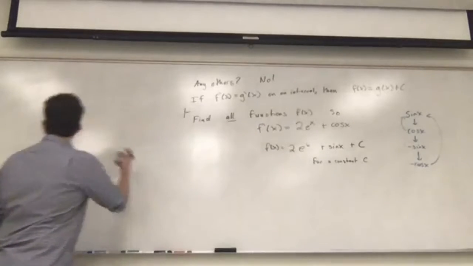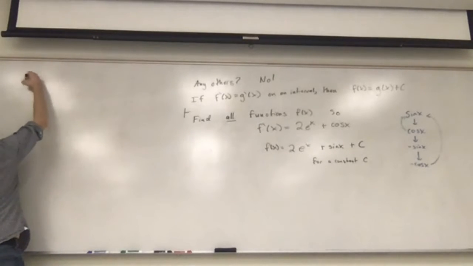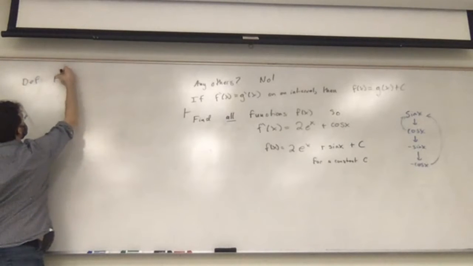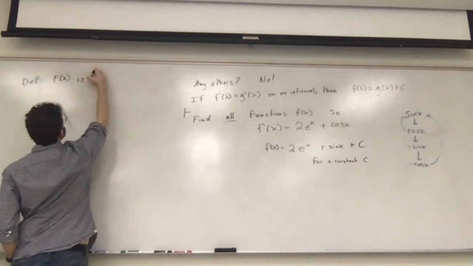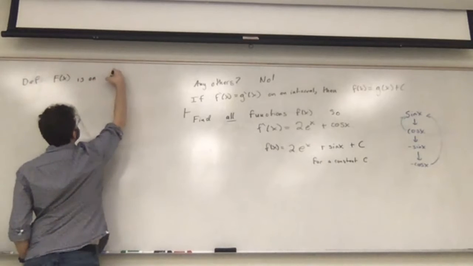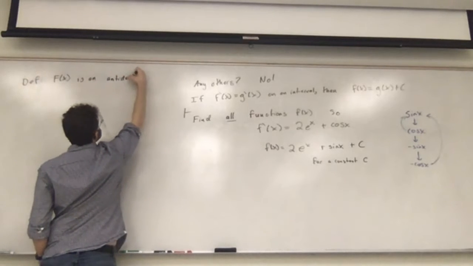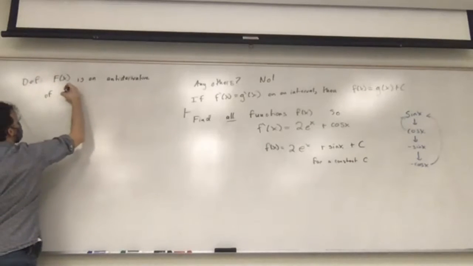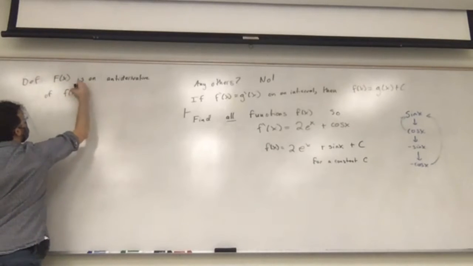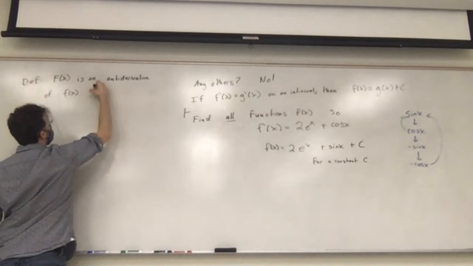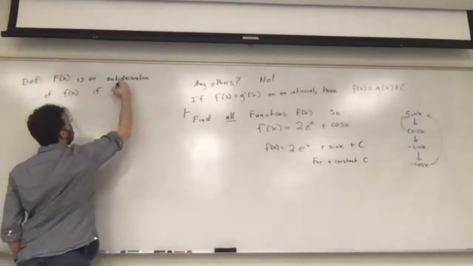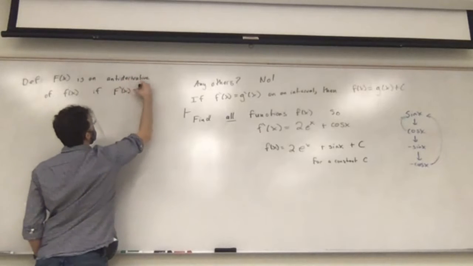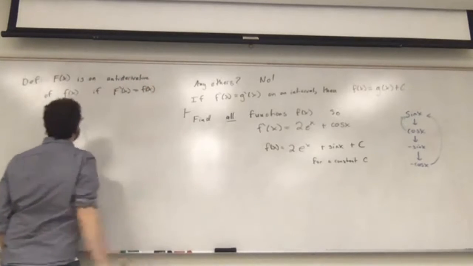So the word that we'll use for this differentiating backwards is that the function capital F of x is an antiderivative of little f of x if the derivative of capital F is little f.